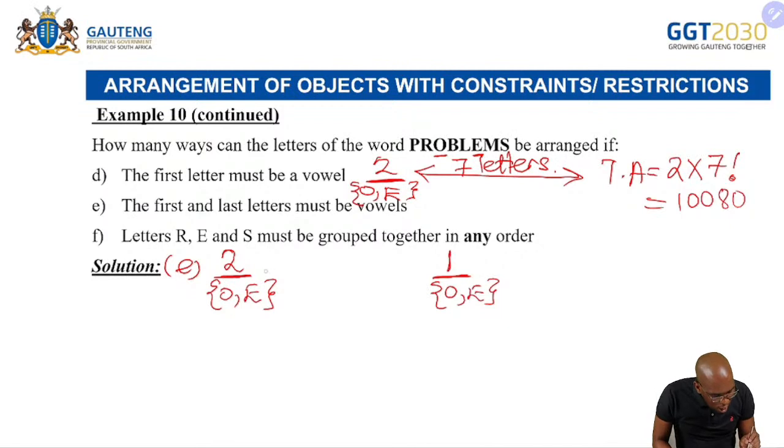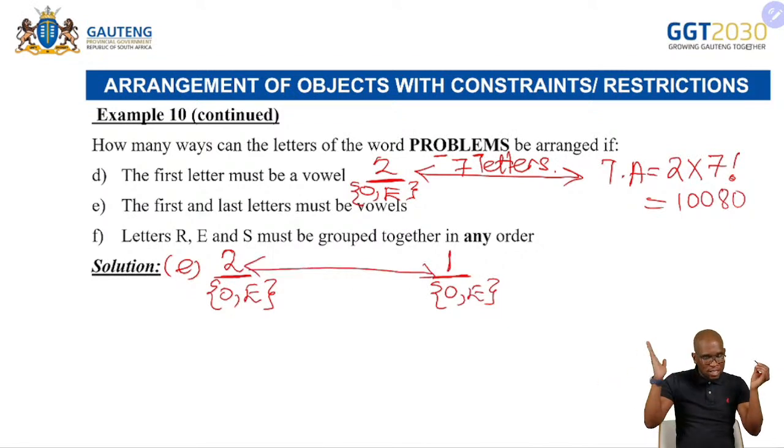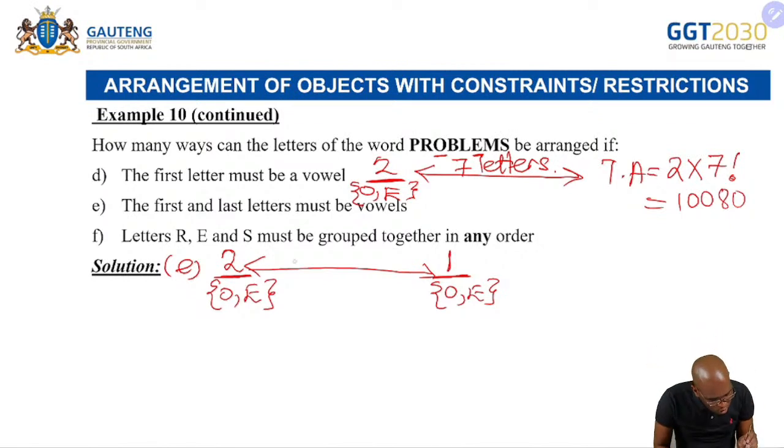Now, how many letters are left to arrange? First and last letters, we've dealt with them. We've put a vowel in the first position and a vowel in the last position, so we have used 2 letters. We have 6 letters remaining.